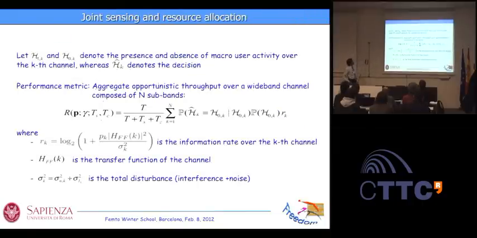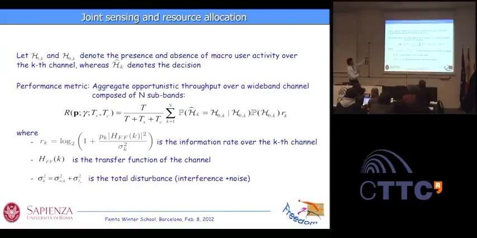Okay, so let's go more in detail into the problem. As in any detection problem, we have essentially a binary hypothesis test. So we have H1 or H0 representing the two possibilities where we have interference or not. H1 means that there is an interferer, H0 means that there is not.